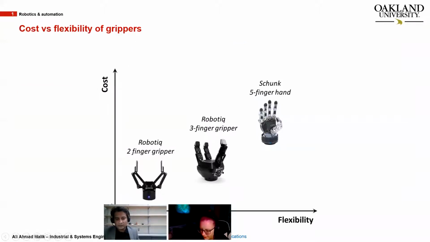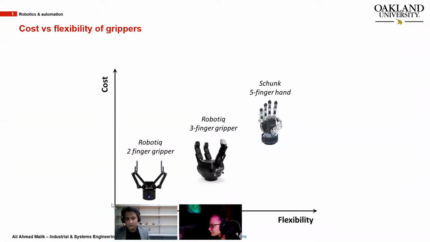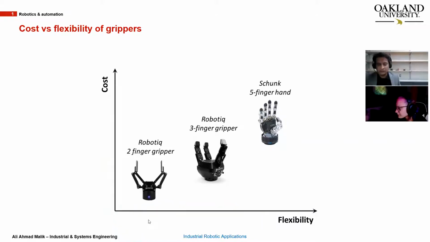The more flexible gripper you have, the higher cost it will incur to integrate it. So 2-finger grippers are least expensive, then 3-finger grippers, and then 5-finger grippers are very expensive. And when you are required to select a gripper, the cost will be a very important factor that you will have to consider.